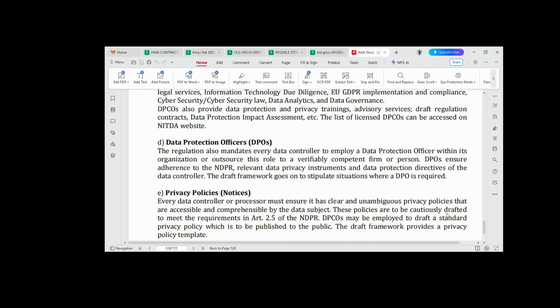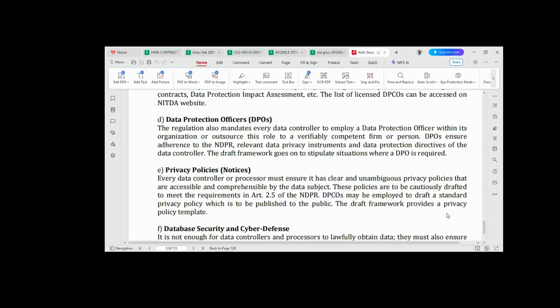All right. Then we have the privacy policies. Now, every data controller or processor must ensure that it has clear and unambiguous privacy policies that are accessible and comprehensible by the data subject. These policies are to be consciously drafted to meet the requirement of Act 2.5 of the NDPR, okay?